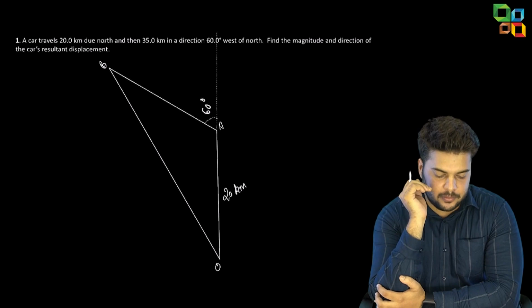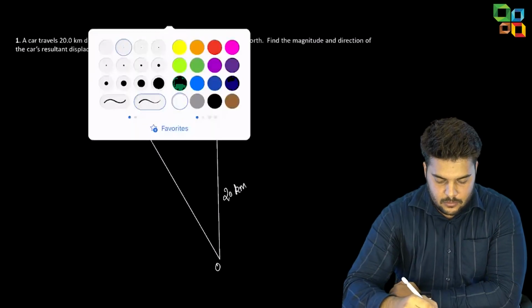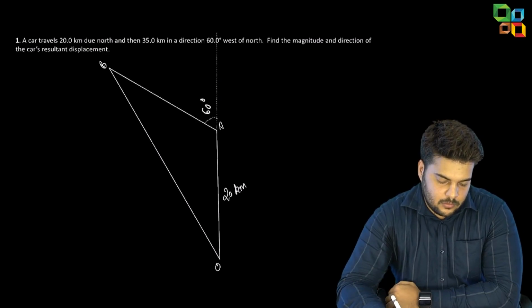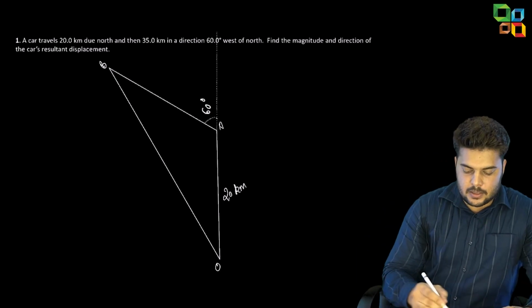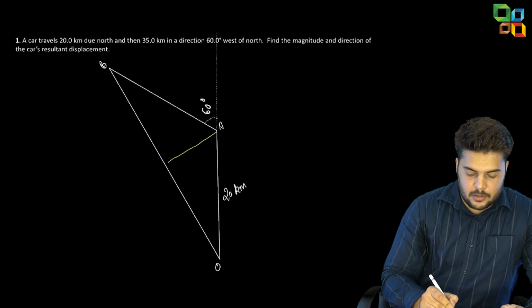Sandra, you were saying something. Sir, I was saying that we could draw an altitude from A to OB and get two right angle triangles. Okay, so you're saying let's draw a line from here to here, right?